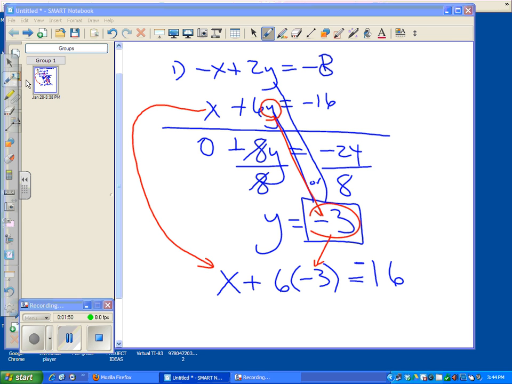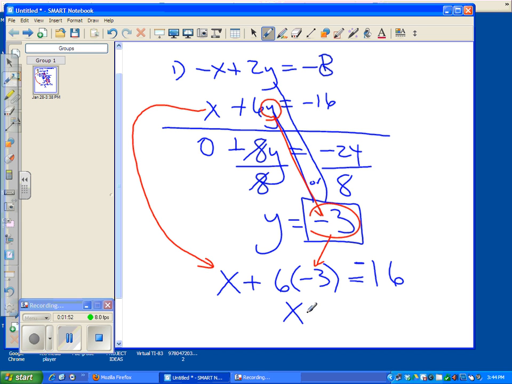And now what you do is you go x minus 24 is equal to negative 16, plus 24 in order to isolate the variable x, plus 24.